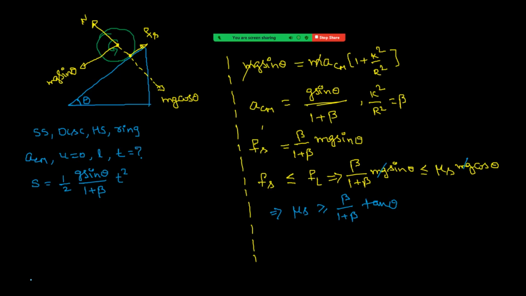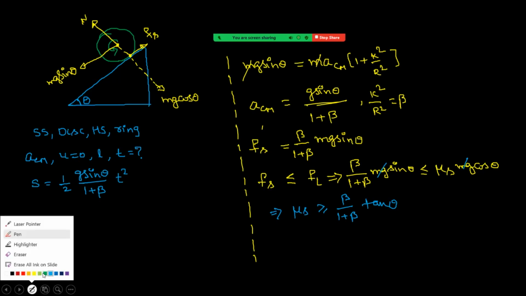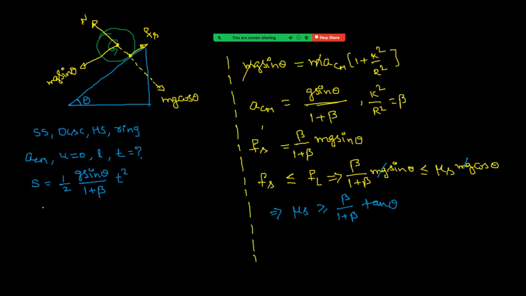Now you can see for all bodies displacement is the same. Okay. So s is the same for all. Next, g sin theta is the same for all. Okay. Now what is remaining here? From this we can write t proportional to root of 1 plus beta.